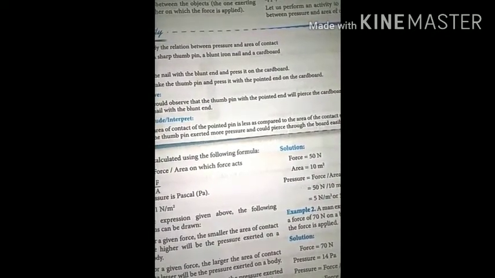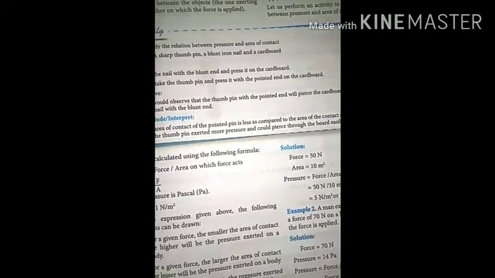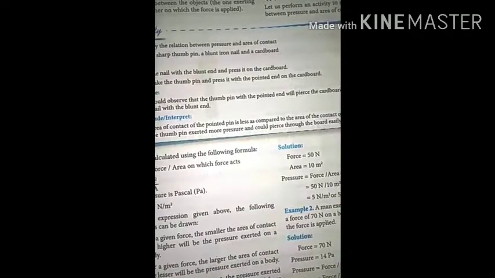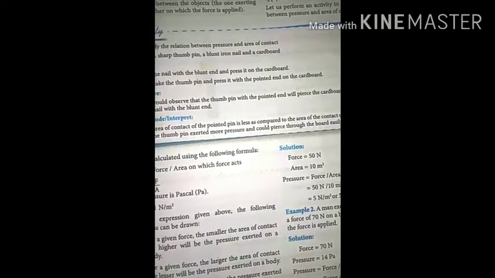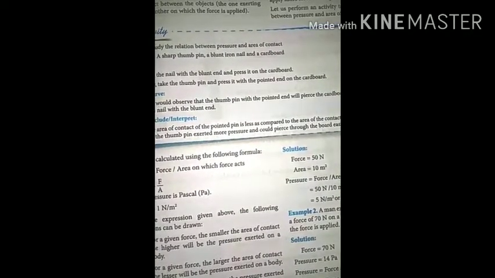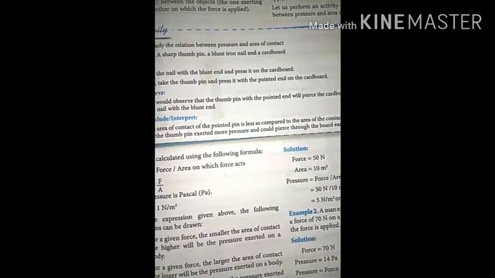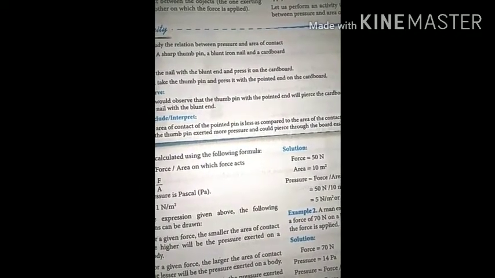with the blunt end. In case of the blunt end, the area of contact increases as compared to that of the sharp pointed end. In case of the sharp pointed end, the area of contact is smaller as compared to that of the blunt end. So when the area of contact increases, pressure decreases.